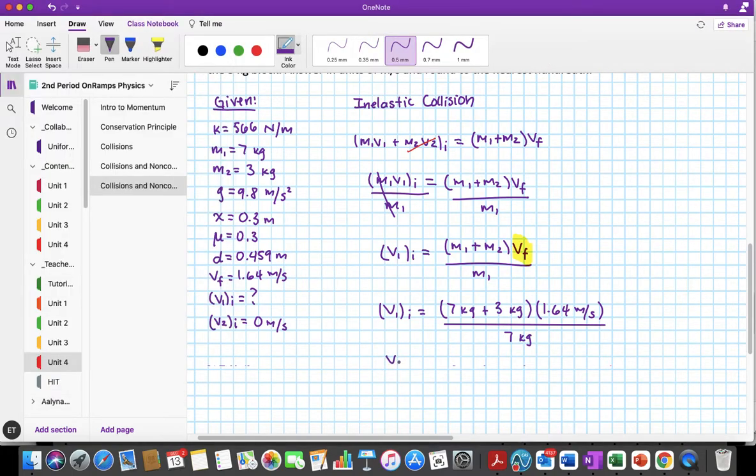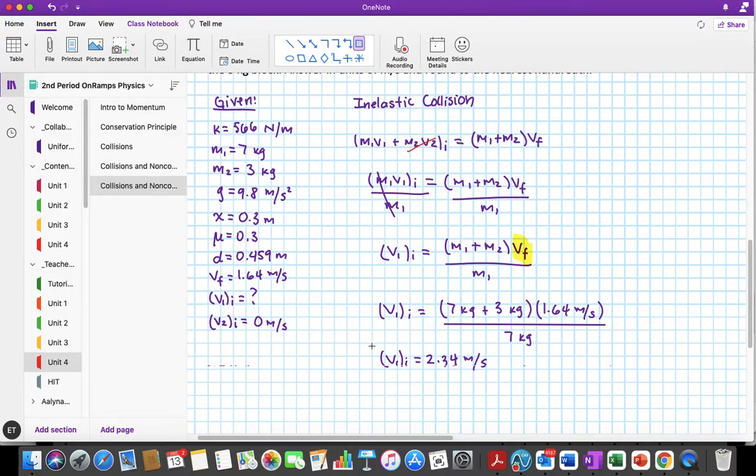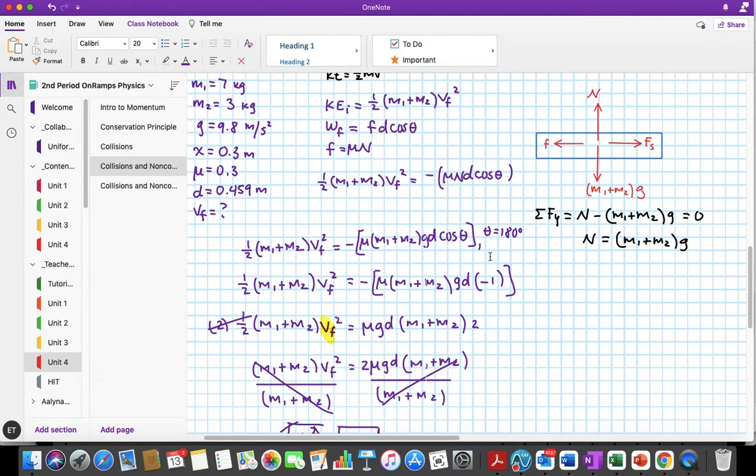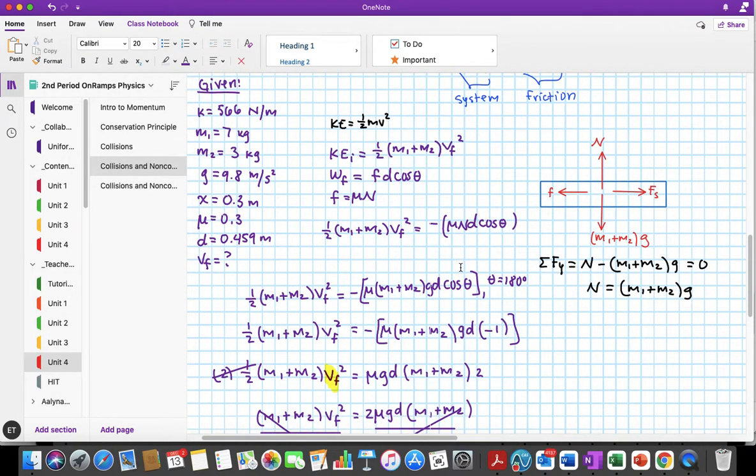So velocity of mass 1 before the collision, oh that's ugly, is 2.34 meters per second. That's simple. Again, this one was simple because we already did all the work, well, most of the work over here, by including the fact that we have a non-conservative force for the energy.